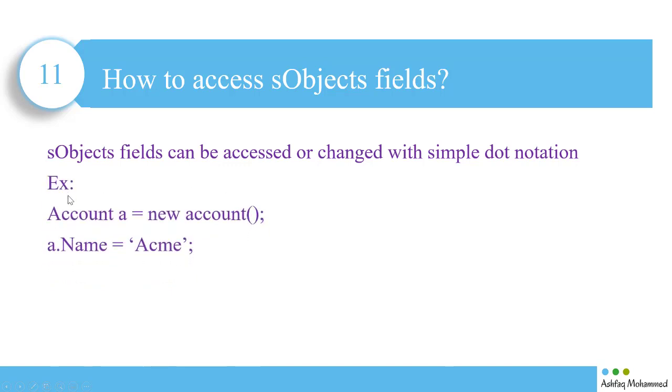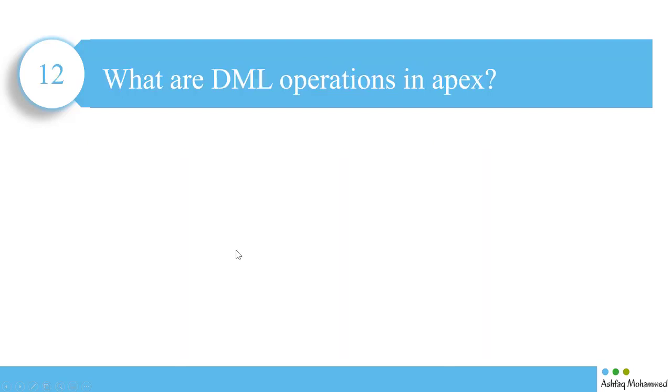For example, we can declare Account a = new Account. So we have instantiated an Account variable a, and as soon as I type a dot, I can access all its fields. So a.Name = 'Acme', or I can write anything, XYZ.